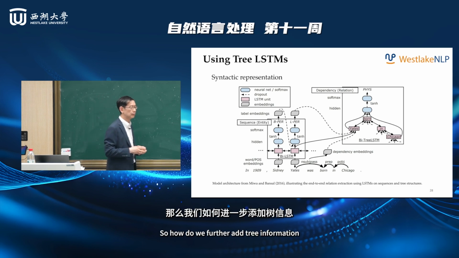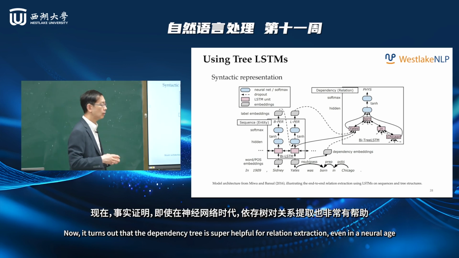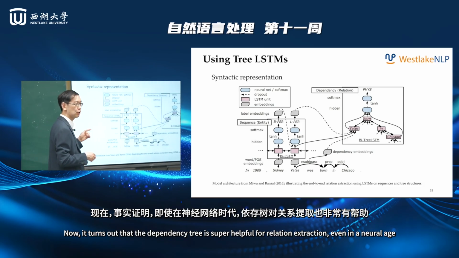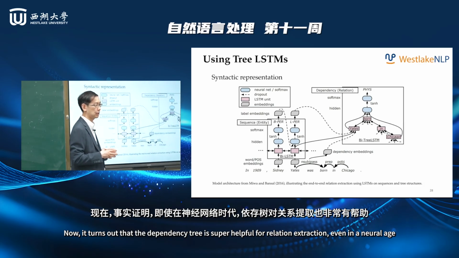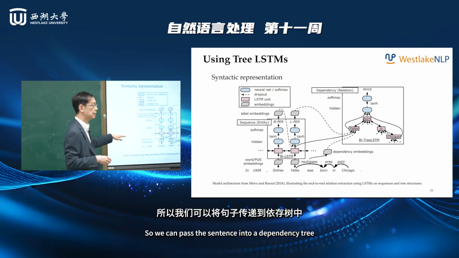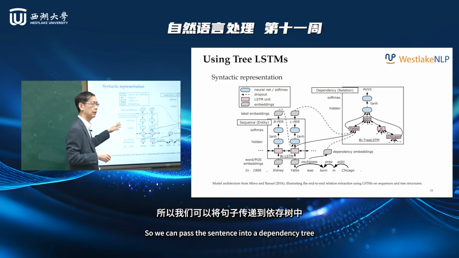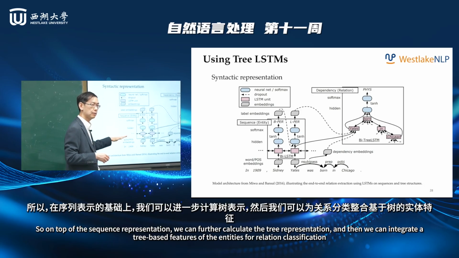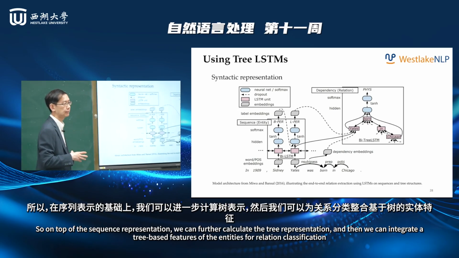So how do we further add tree information? Now it turns out that the dependency tree is super helpful for relation extraction, even in the neural age. So we can parse the sentence into a dependency tree. On top of the sequence representation, we can further calculate the tree representation.